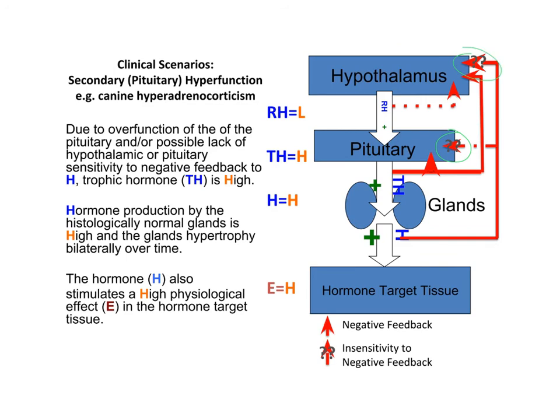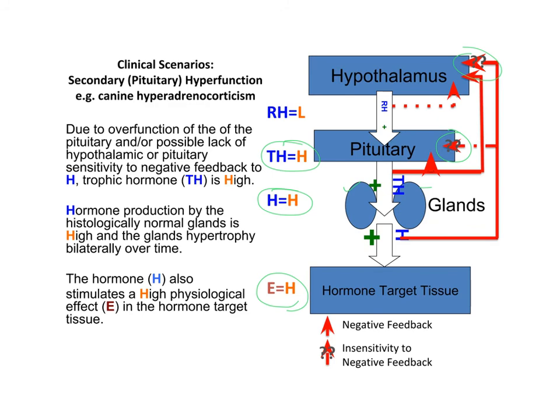As a result, we find, of course, that the pituitary trophic hormone is elevated if it's a problem of the pituitary feedback or a problem of a tumor, leading, of course, to the hormone being elevated due to hypertrophy of the glands. In this case, we would see bilateral hypertrophy of the glands, due to the trophic hormone producing its growth-stimulating effect. And, of course, the end effect on the hormone target tissue in the clinical presentation would be associated with an elevation of the hormone.